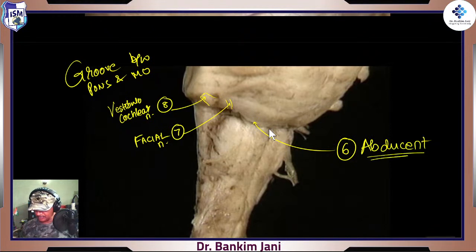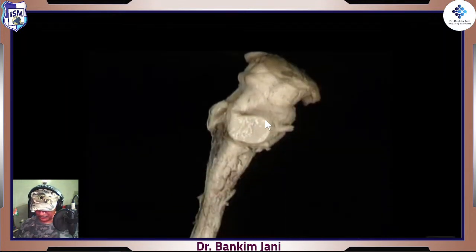So that's how facial, vestibulocochlear, and abducent, 6, 7, 8. Tomorrow abducent will be invited because we'll be discussing that now. So we talked about 12, 11, 10, 9, 8, 7, 6. 5 to go. The deadliest now, tomorrow you'll feel the heat.